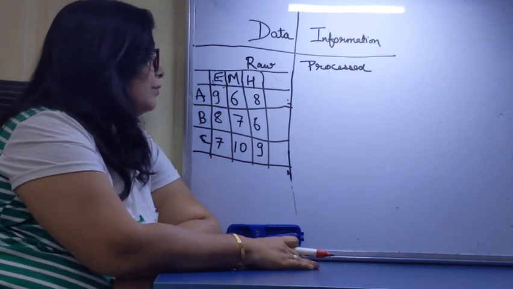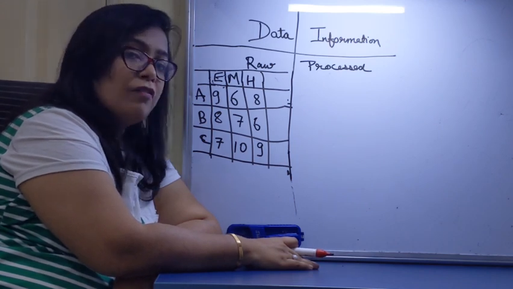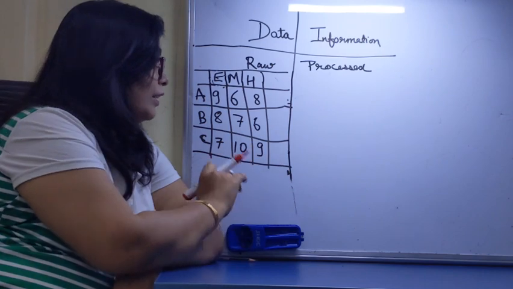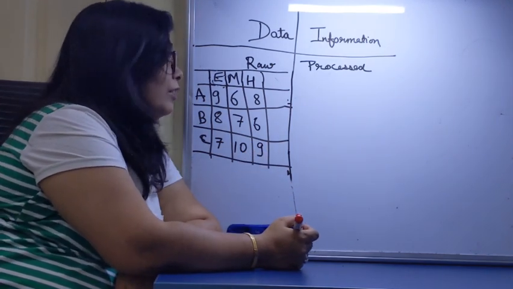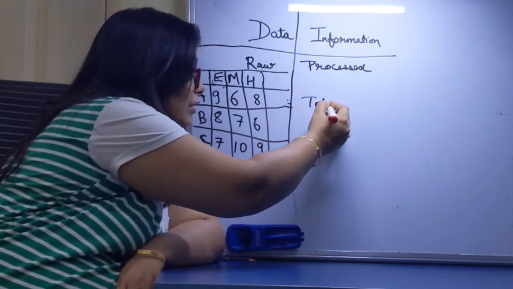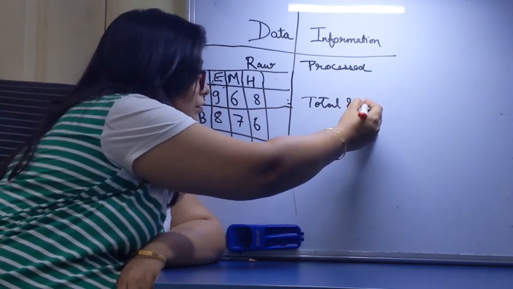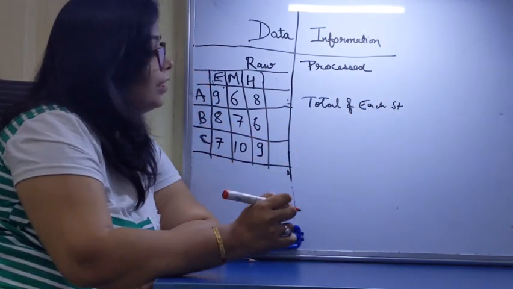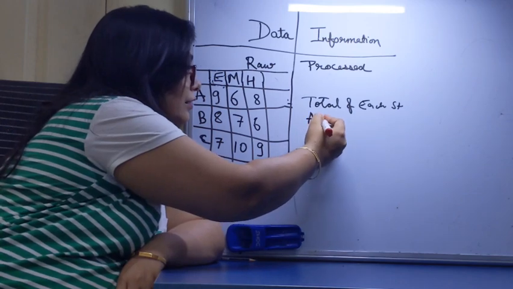Then what has to be done? It has to be compiled into a mark sheet. So how is it done? By the help of a computer system. They enter all this data. So now you can get much information out of it. What information you can get is, first, the total of each student. Okay. Then you can get the average of each student, correct?